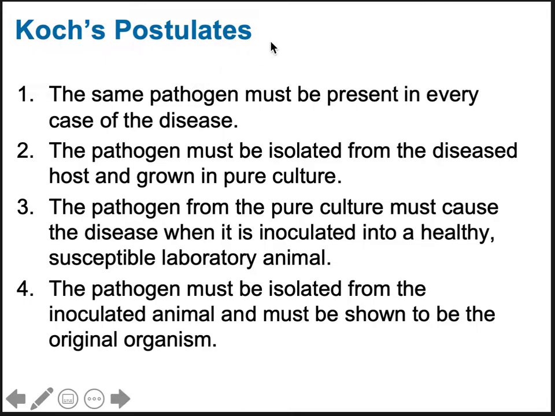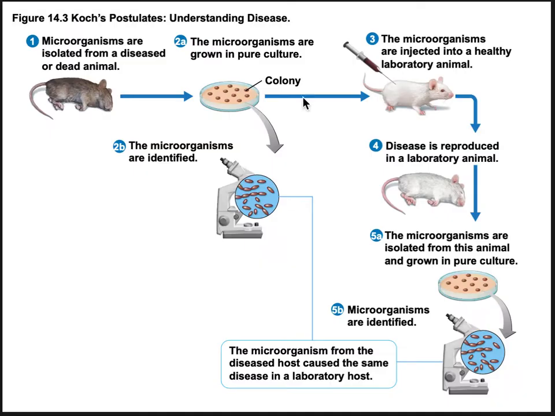In order to determine the specific causative agent of an infectious disease, we used to use Koch's postulates, which we learned about, recall from chapter 1. But these are really strict rules of isolating.